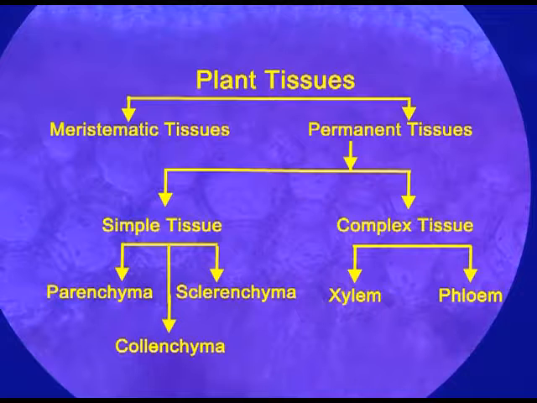Permanent tissues are further divided into simple and complex tissues. Simple tissues can be grouped into parenchyma, collenchyma and sclerenchyma, whereas xylem and phloem are the examples of complex tissues.